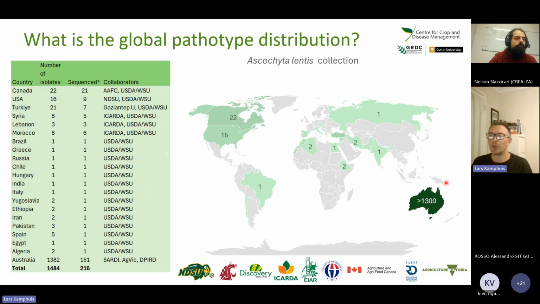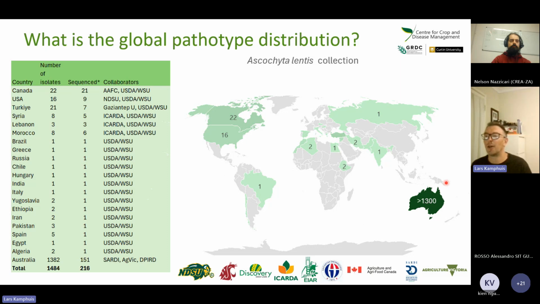So with colleagues from Agriculture and Agri-Food Canada, Lona Bookwell's team, we got isolates from Washington State University, from Weidong Chen's lab, from colleagues at ICARDA, Seid Kemal and his fellow pathology team, and from Canan Can at Gaziantep University in Turkey.